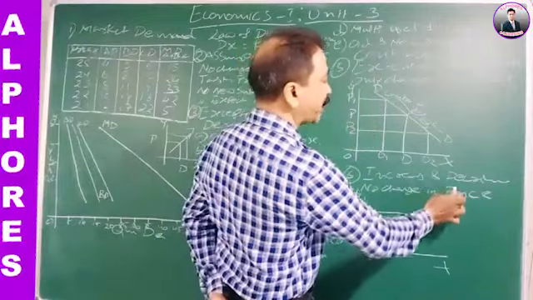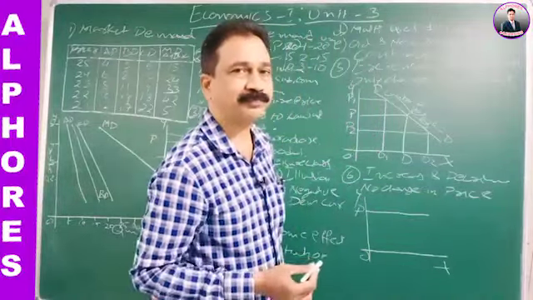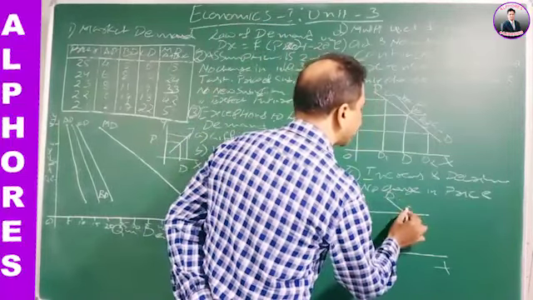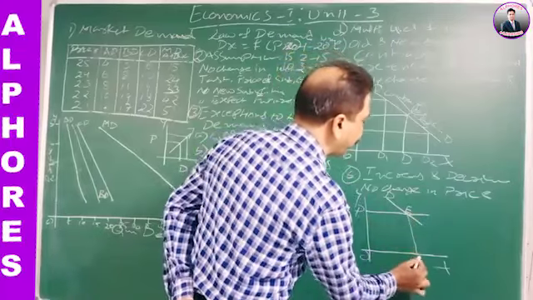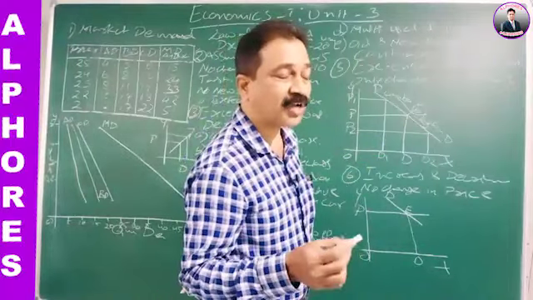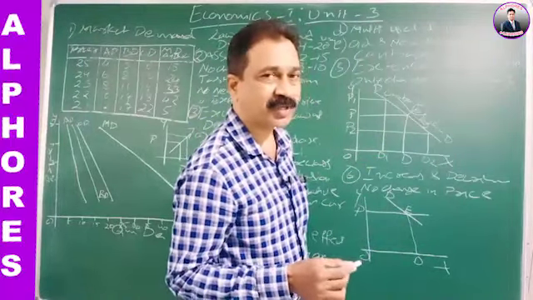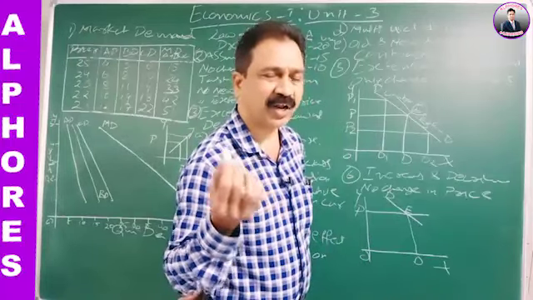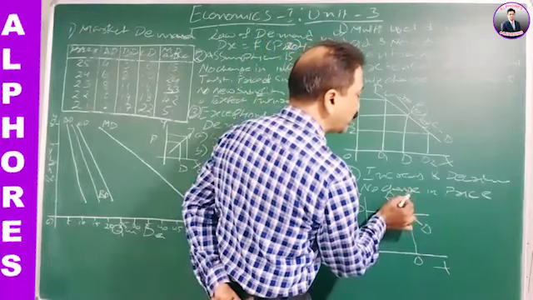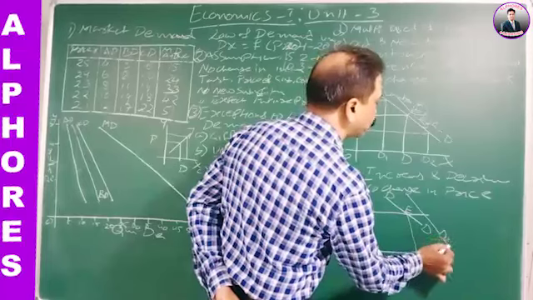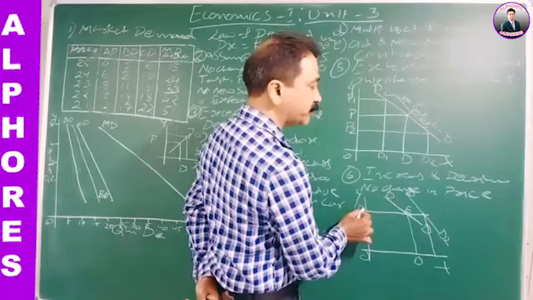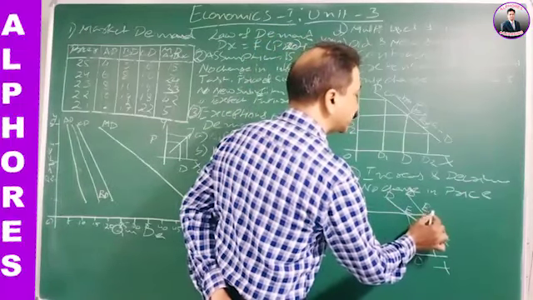See, no change in the price, but due to the consumer income, the demand is, let us say, D, and equilibrium is E, and quantity demanded is D. Due to the consumer income, or substitution prices, or complementary prices, or weather, whatever the reason, there are 100 reasons, if demand grows to D2, a new demand has come out. See, the price did not change, only due to the other reasons.